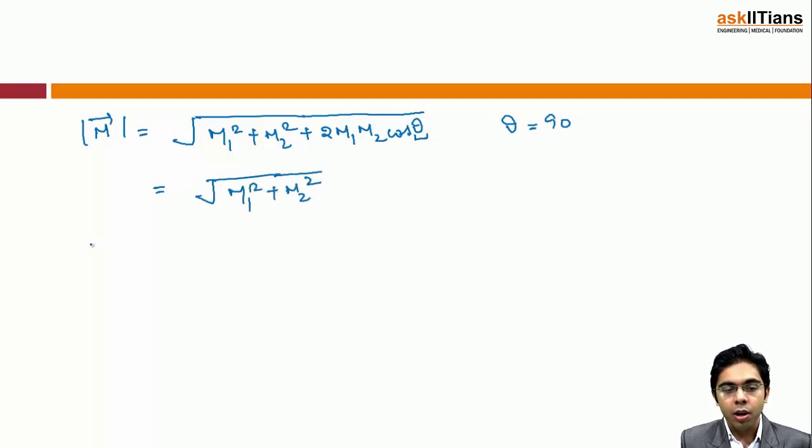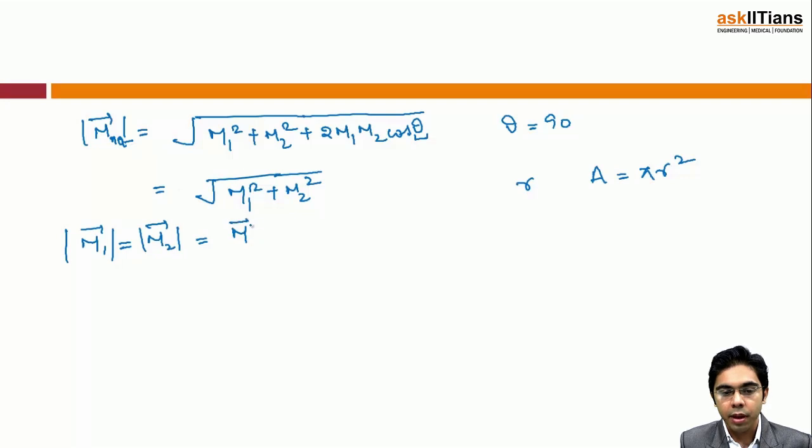What do I know about this? It is given that the radius of the loop is r, so the area is pi r square. So m1 is equal to m2, let me write it as m. The magnitude m is the current I times the area, that is, I into pi r square.